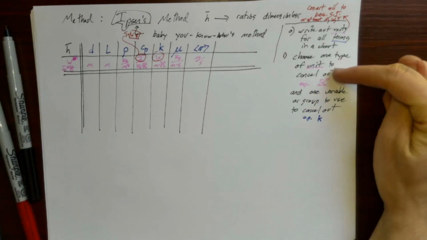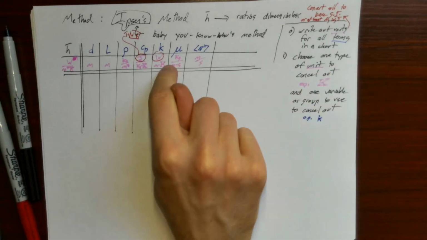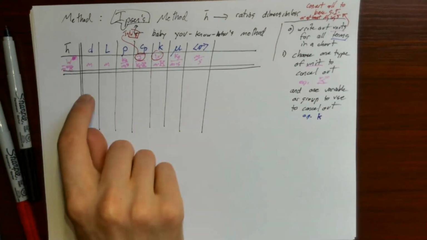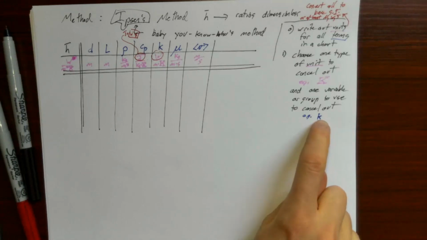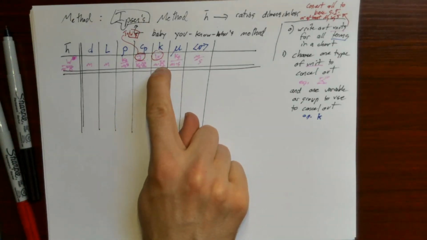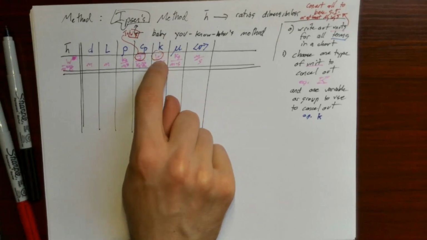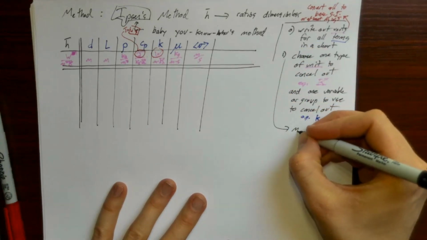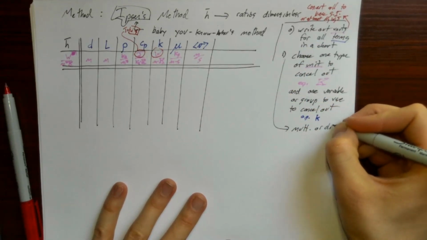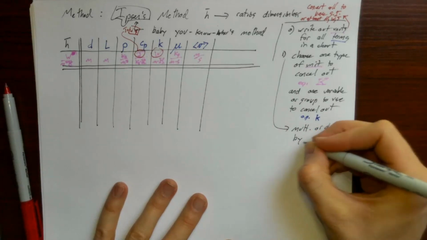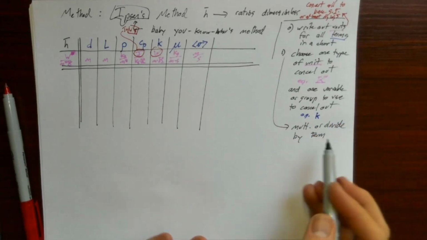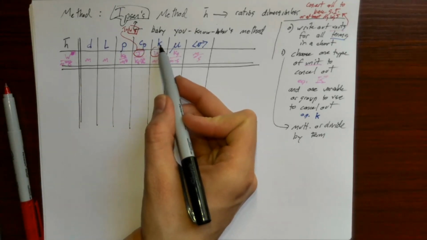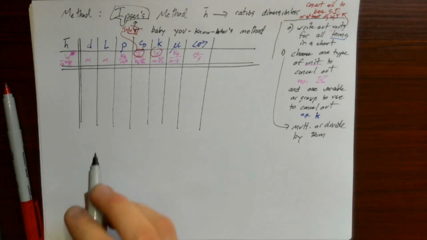So what do we do? We choose one type of unit that I want to cancel out. A couple of these terms have Kelvin in them, and I choose one variable or one group of variables that has Kelvin in it. For example, K has Kelvin in the denominator here. So I'm going to multiply or divide any units that have Kelvin by however many factors of K are needed to cancel out.